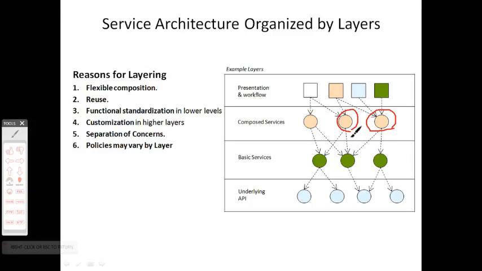Then every one of those workflows may use one or more different composite services throughout our composite service layer.